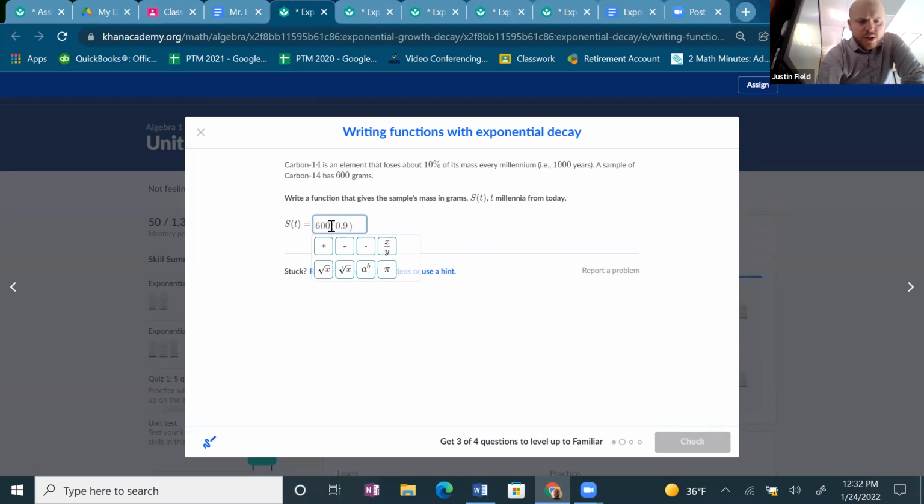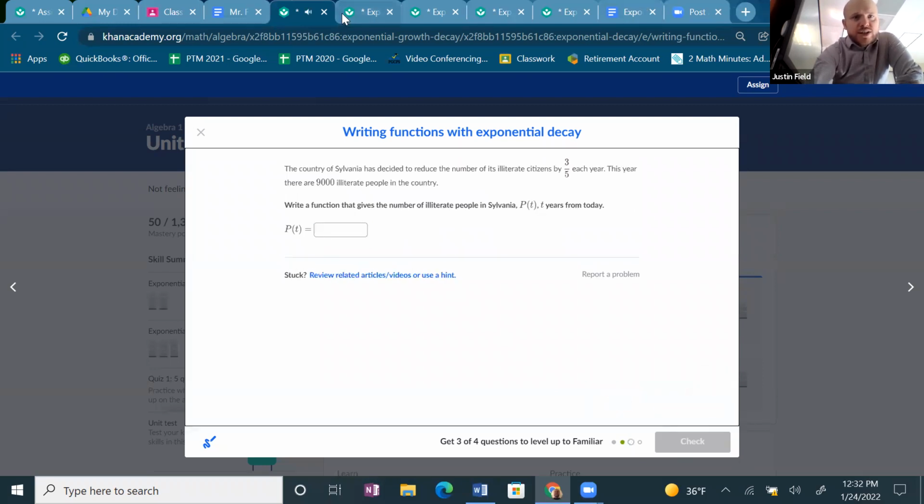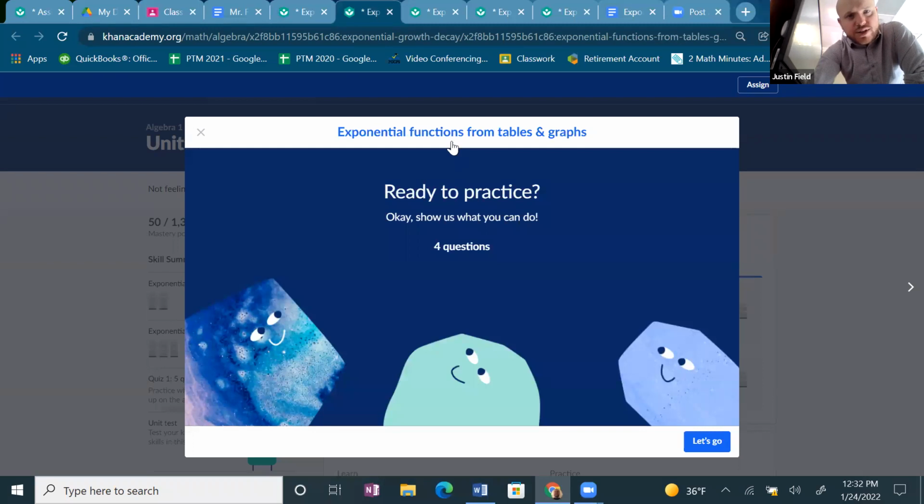Losing 10% means it retains 90% each millennia, each time, whatever unit t is. So that's writing exponential decay functions.